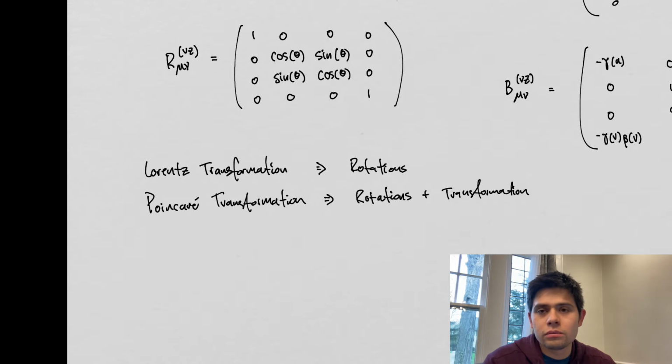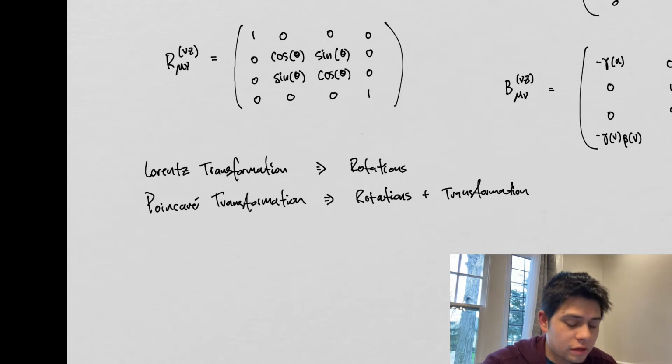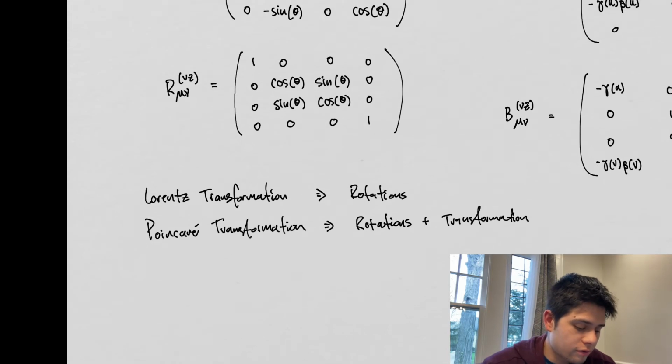This section of the book really isn't a deep dive into Lorentz and Poincaré transformations, but it does give some of the more relevant and physical examples of what some of these rotations and transformations might look like.